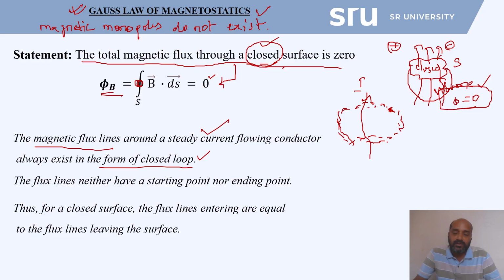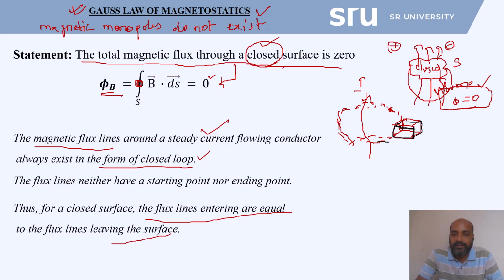So if there is no starting and ending point, then the flux lines entering equal the flux lines leaving the surface. If you take a volume in that magnetic field, this surface is a closed surface because it is enclosing this entire volume.